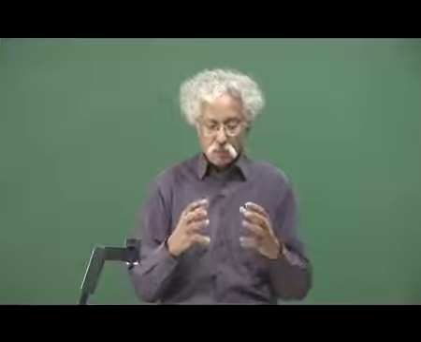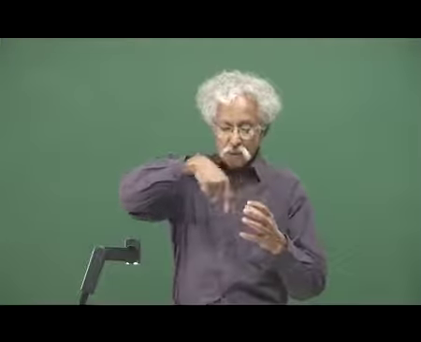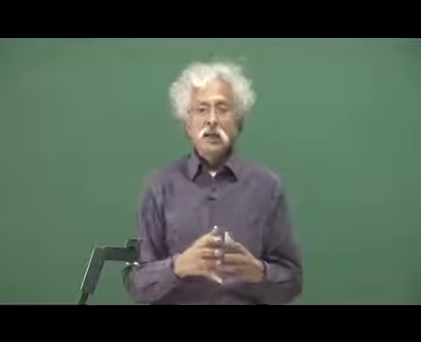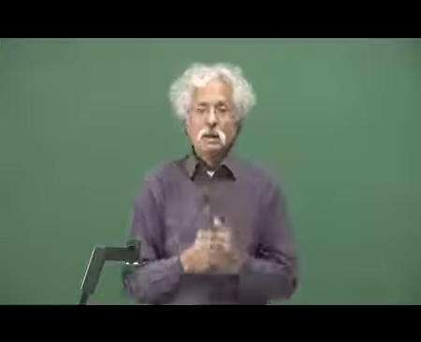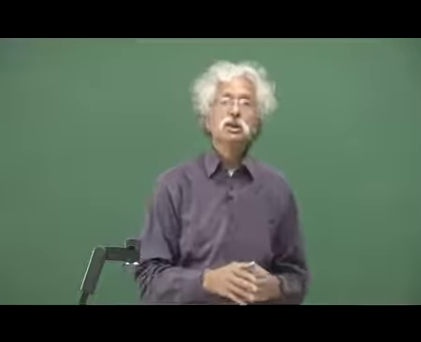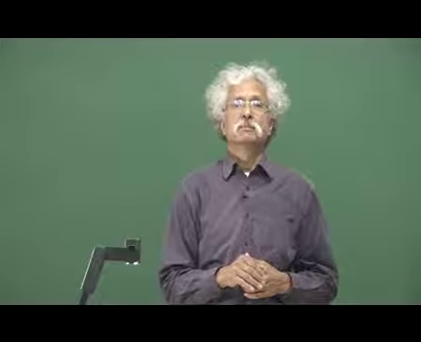Now, you can represent each magnetic dipole as a current which is flowing like this. We have miniature dipoles, each atom represents a dipole, and just like in the case of dielectric, where we introduced a concept called polarization.